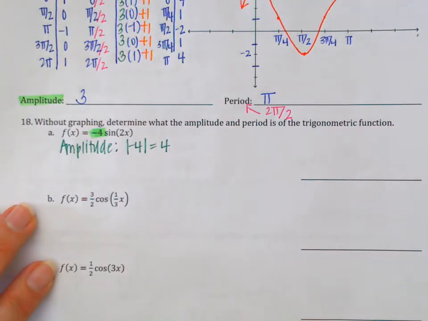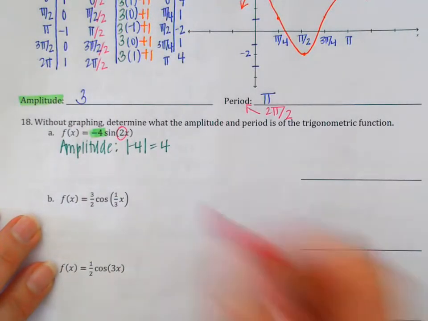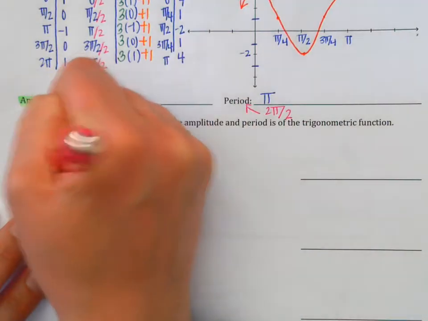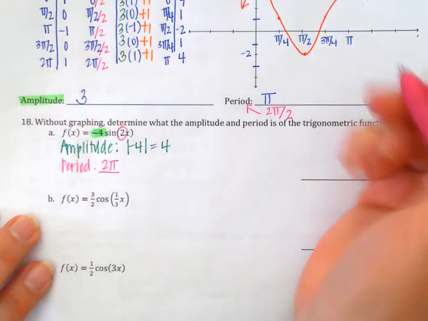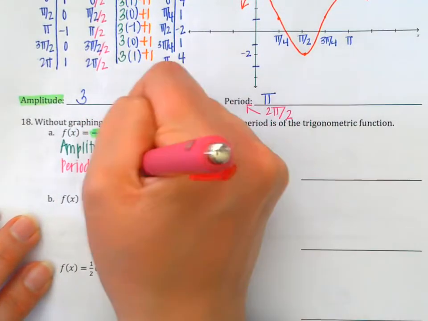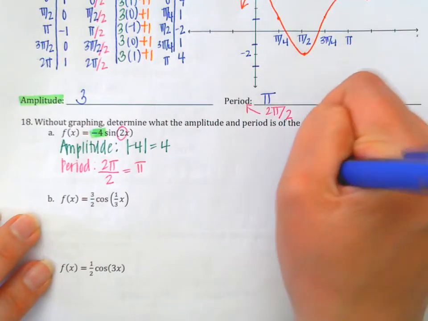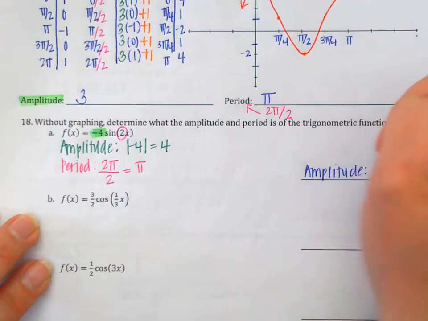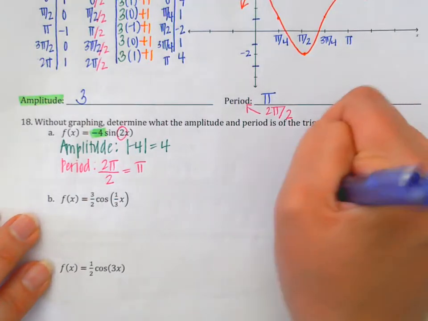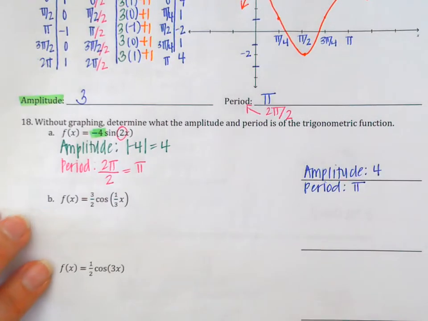And then the period is always 2 pi divided by B. So 2 pi divided by 2, which gets me pi. So my amplitude is 4, and the period is pi.